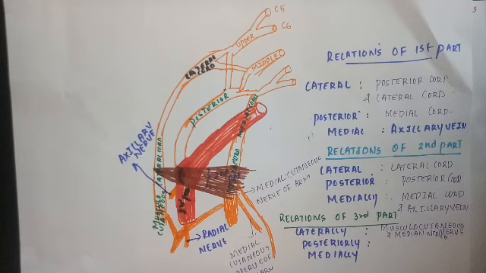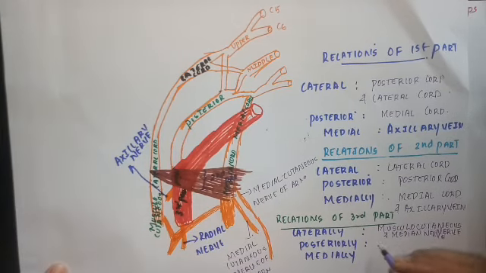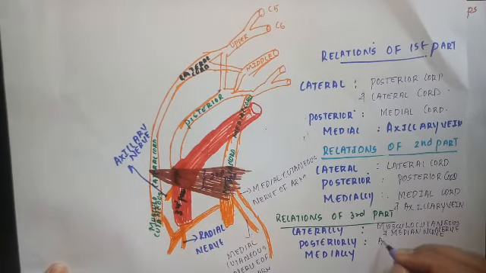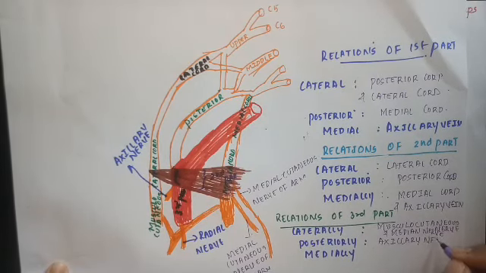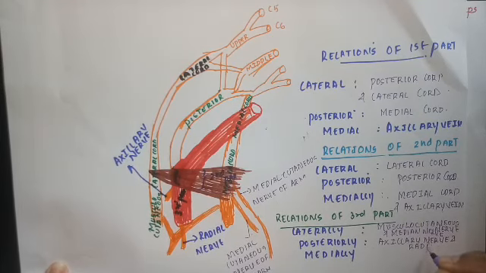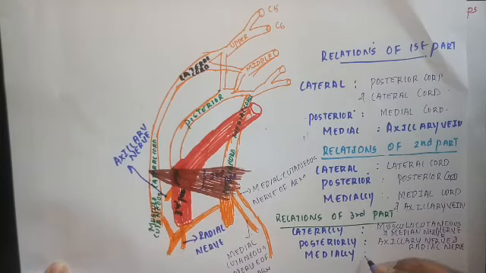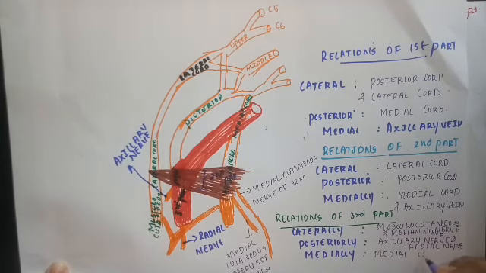And the posterior relations are the branches of the posterior cord, which are the axillary nerve in the upper part and radial nerve in the lower part. And medial relations are branches of the medial cord, that is medial cutaneous nerve of arm and forearm.